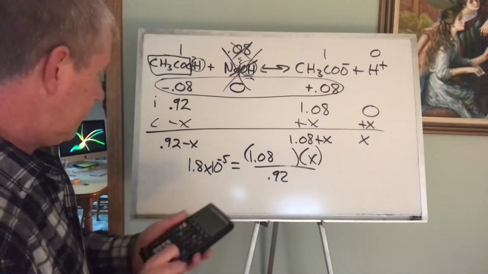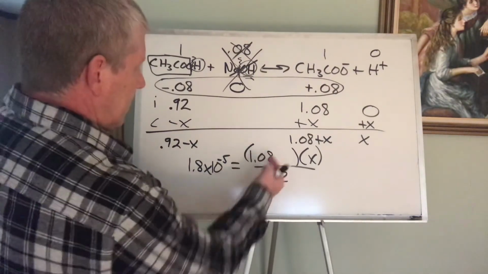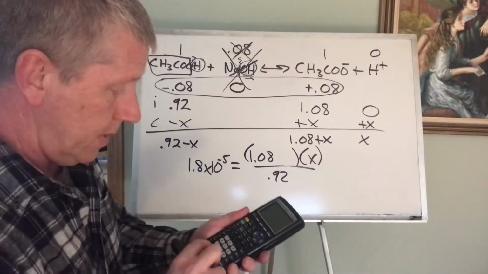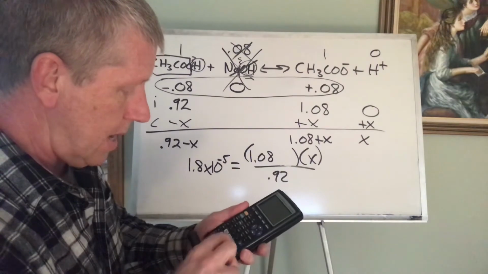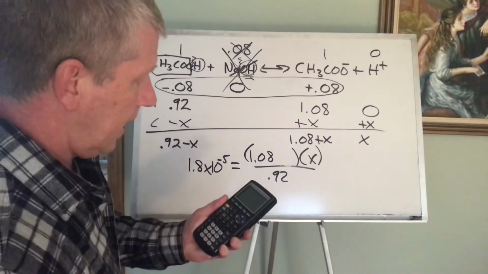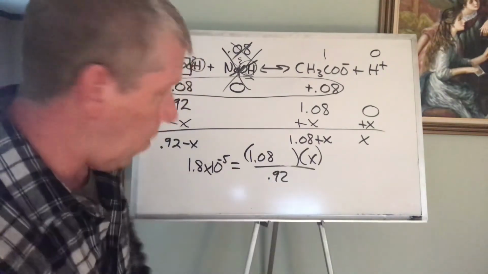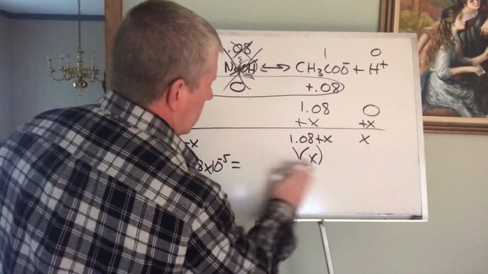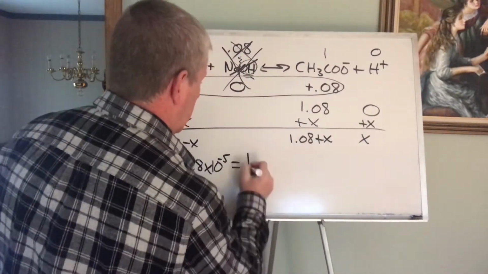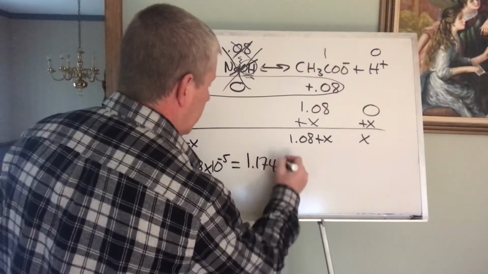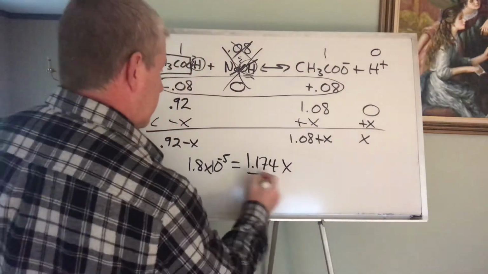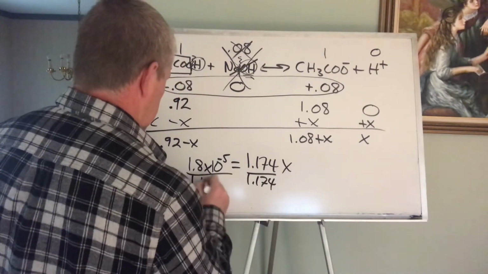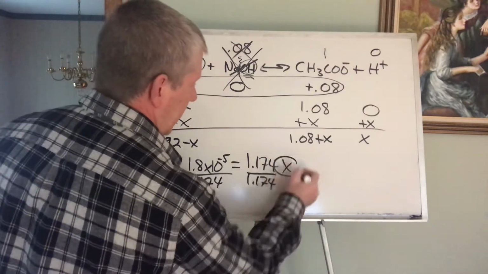So 1.08 divided by 0.92 is 1.174. So this is now 1.174x, and then divide by 1.174. That'll give me x.